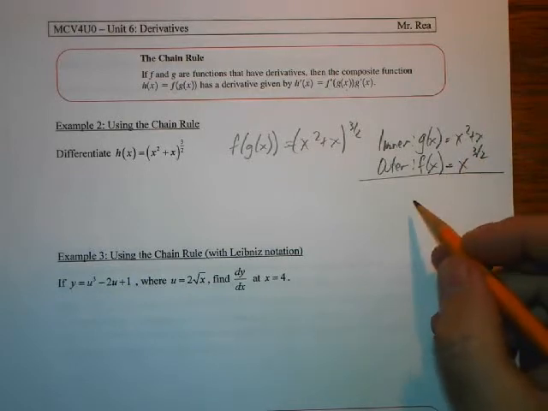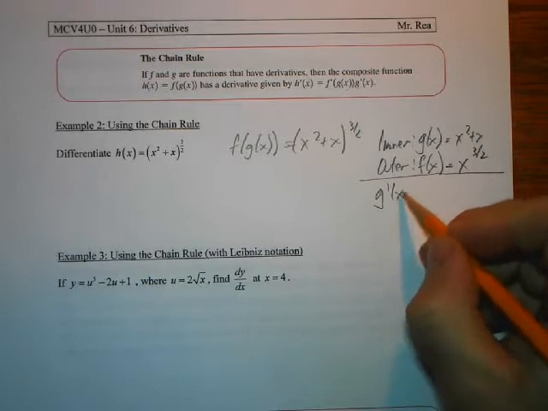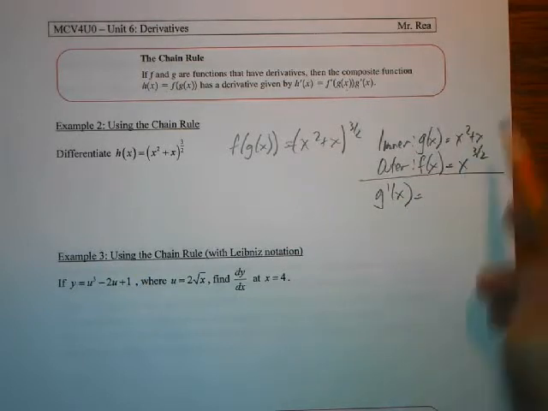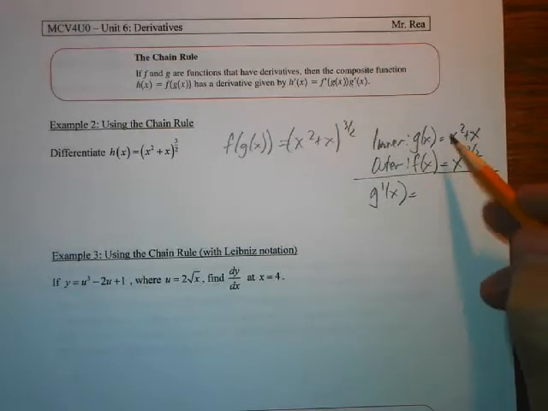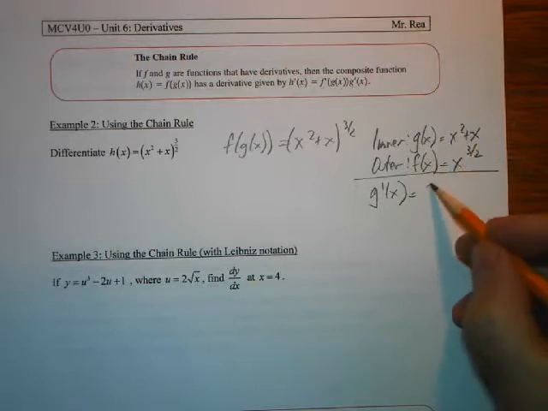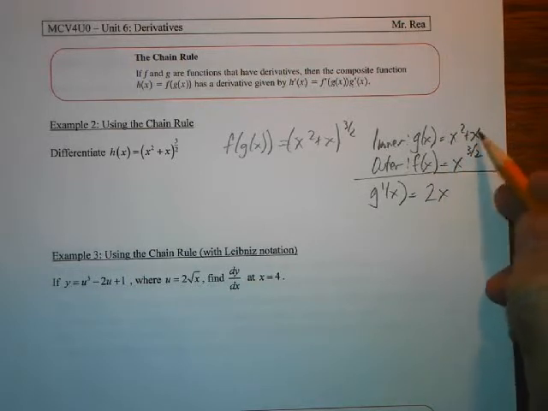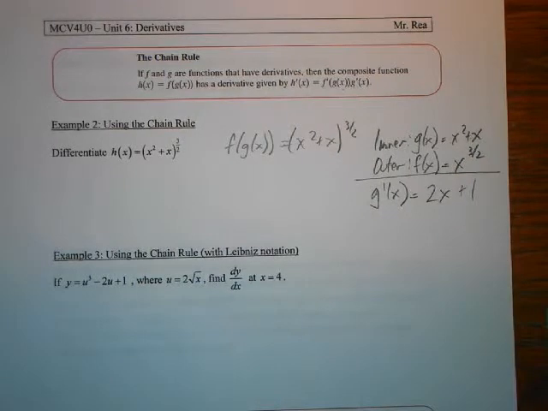So the derivative of g of x, so g prime of x, this is where you use your polynomial rule that we did the last lesson. So this would be 2 times x, and this would be 1. So 2x plus 1 is the derivative of g of x.